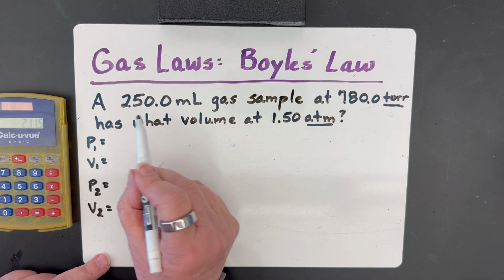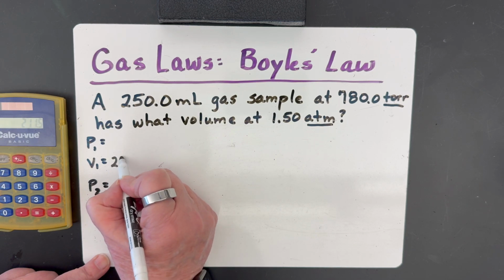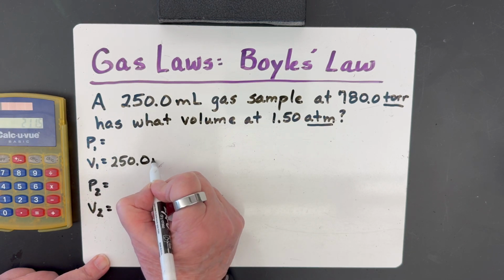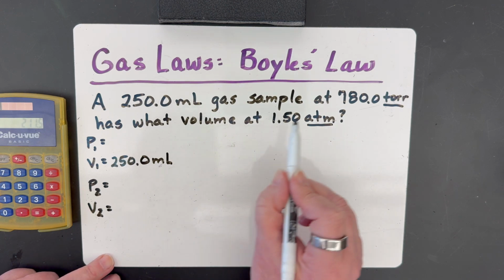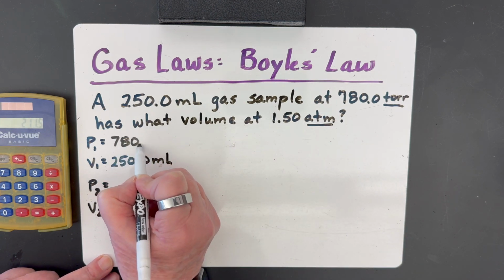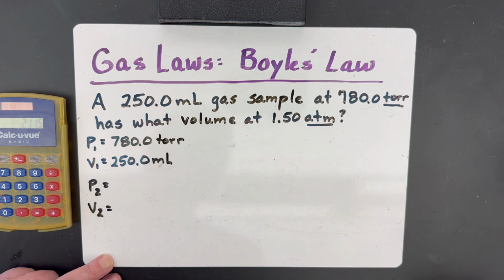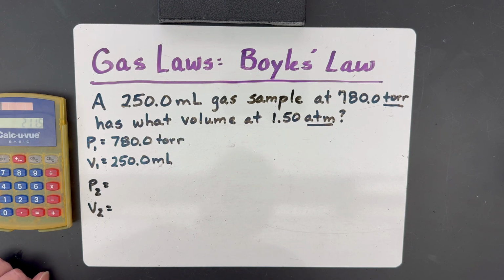So a 250 milliliter gas sample, so that's volume 1, 250 milliliters at 780 torr. Torr is a fancy name for millimeters of mercury. So if you haven't seen torr, it's the same as millimeters of mercury.